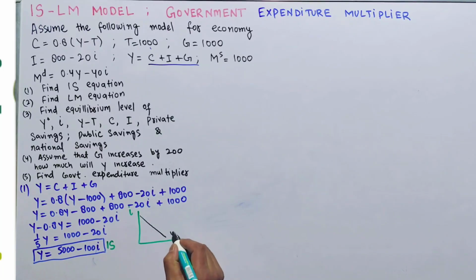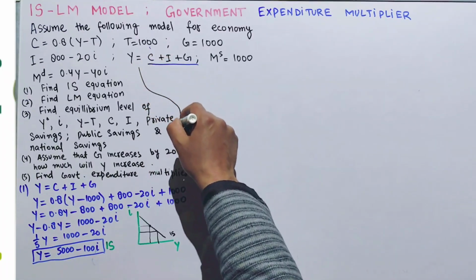It shows us different combinations of rate of interest and level of income. It is a locus of points which shows us different combinations of rate of interest and level of income where savings are equal to investment. We also call it the investment savings curve. So this is our IS equation.